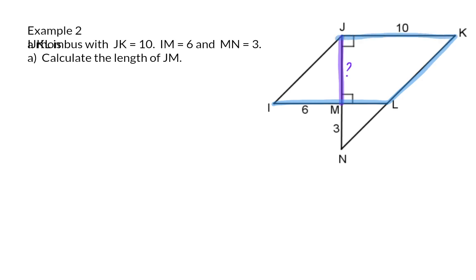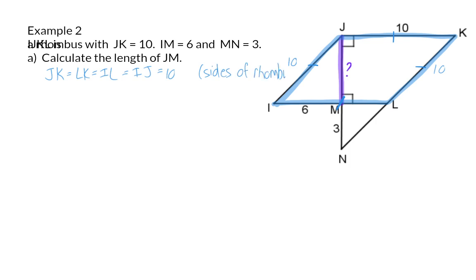IJKL is a rhombus, and we know that means all the side lengths are the same. So, not only is JK 10, but also LK and IL and IJ. This is because they are all sides of a rhombus.